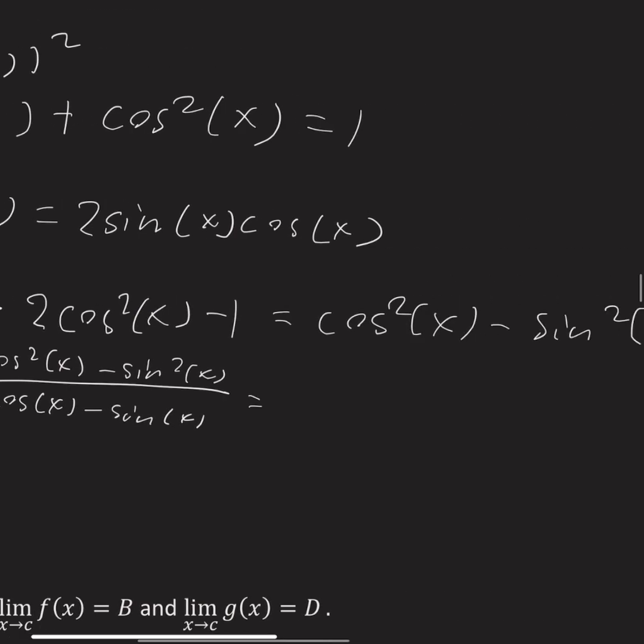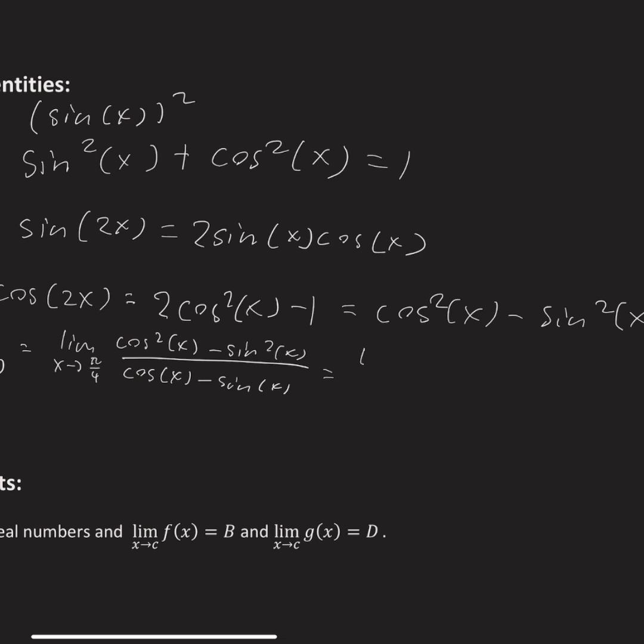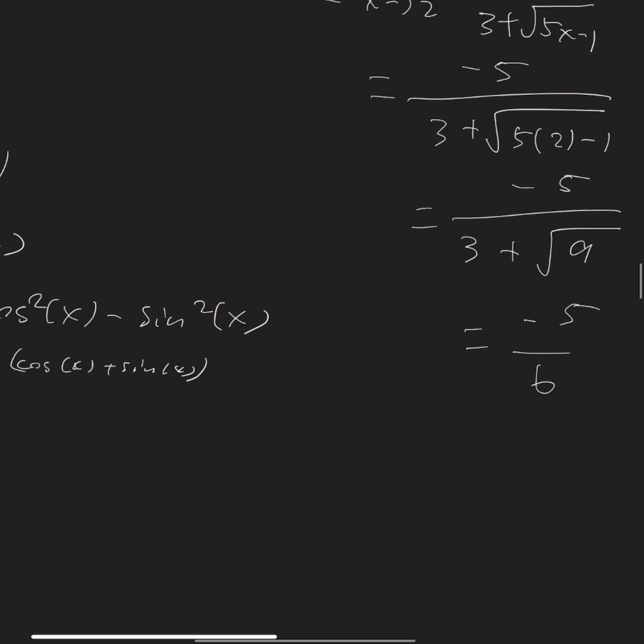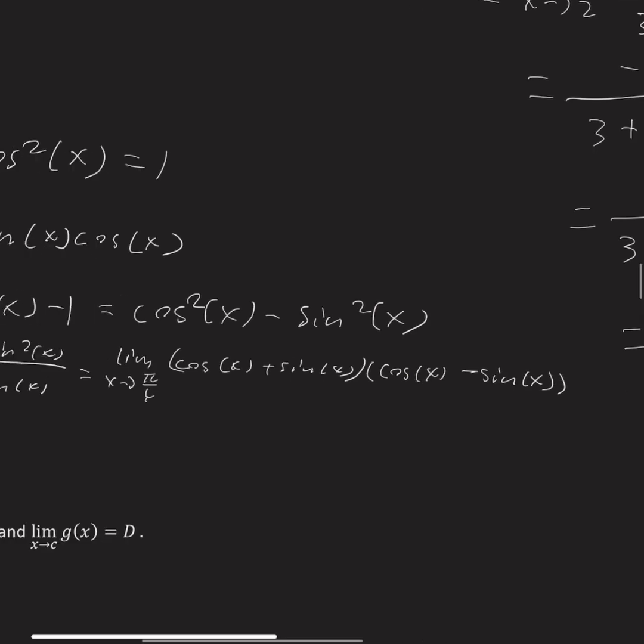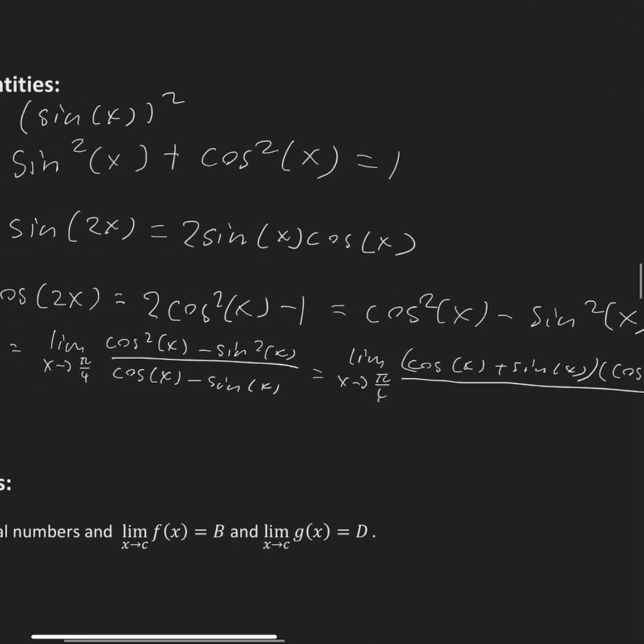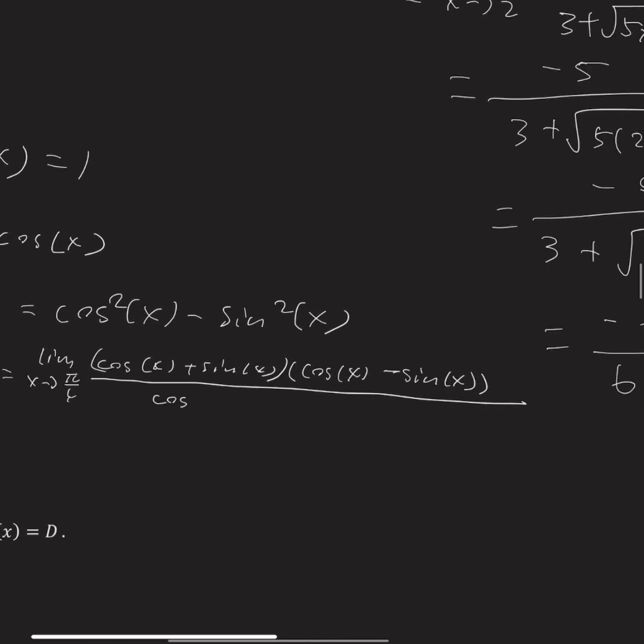It's a difference of squares, so we can write the limit as x approaches pi over 4 of cosine of x plus sine of x, multiplied by cosine of x minus sine of x, divided by cosine of x minus sine of x.